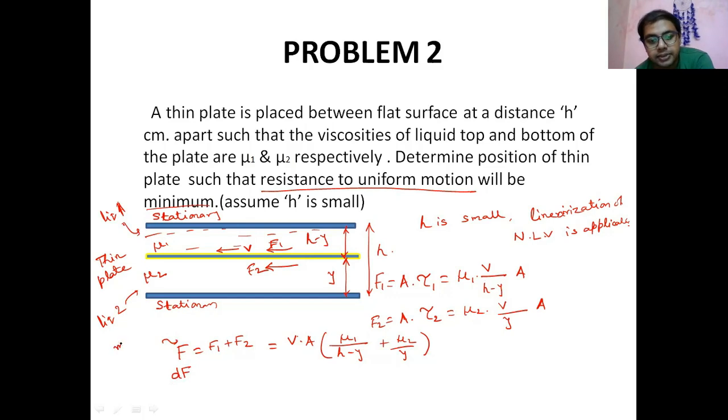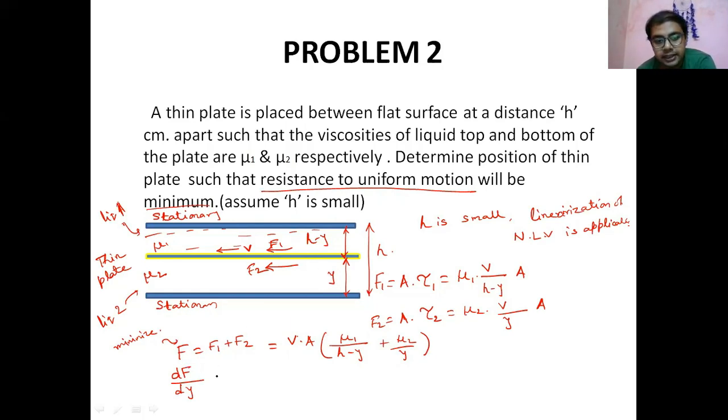If the shear force is minimized, then only it comes to nearly uniform motion. In such a case, you differentiate this force with respect to y. So what should be the position of this thin plate? This y is the unknown quantity here.